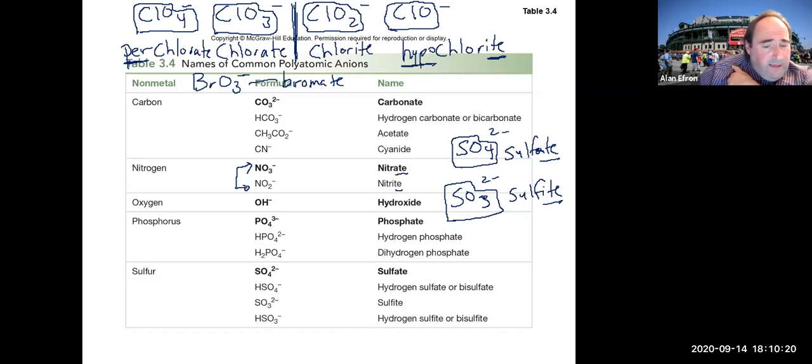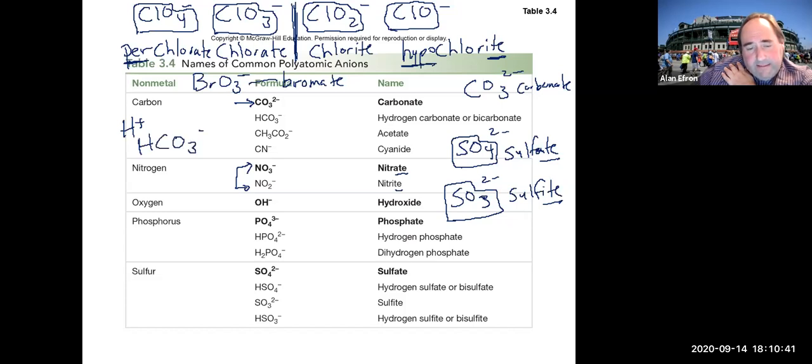The other common thing that happens with these polyatomic ions is, for example, right here, we have CO3 2 minus, which is carbonate. And sometimes we put an H plus in front of it. When we put an H plus in front of it, it becomes HCO3 minus.